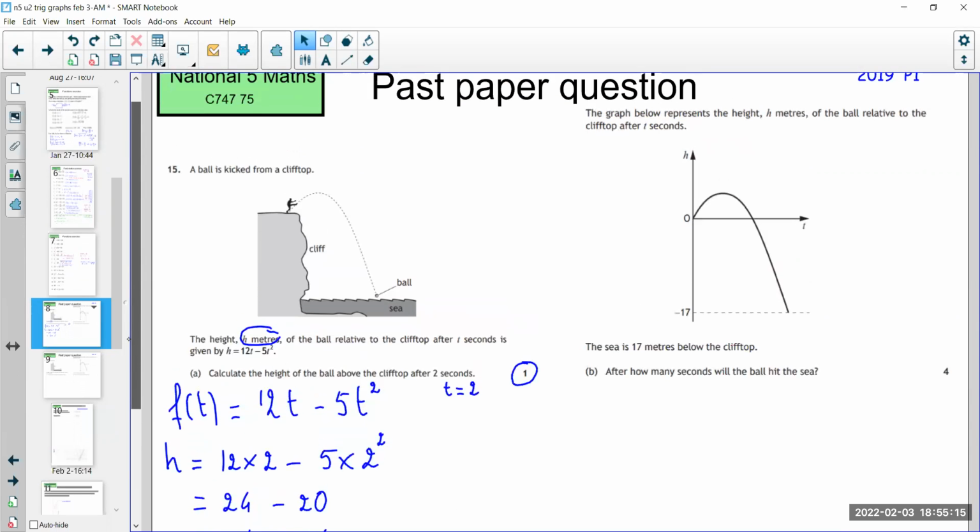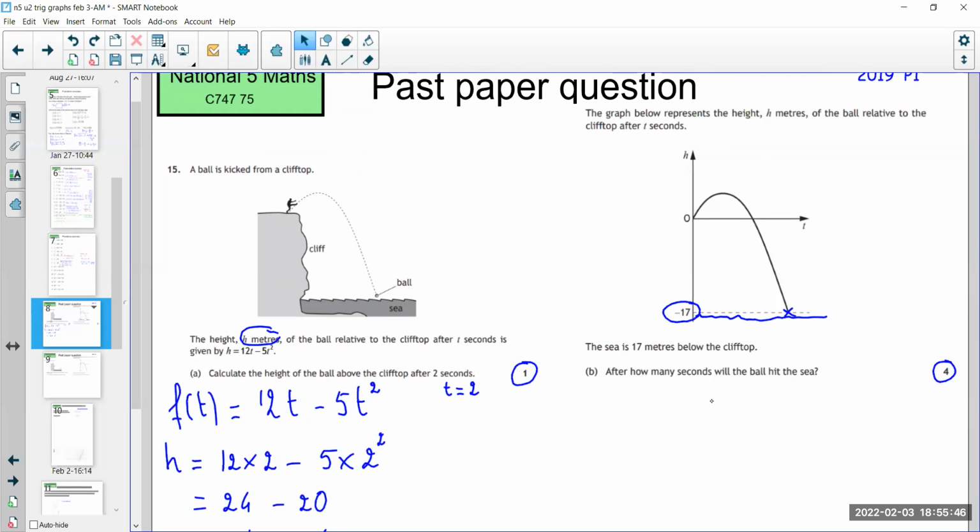Now, the second question is a bit more complicated because as you can see straight away, you could get 4 marks out of that second question. So let's read the question. After how many seconds will the ball hit the sea? Remember the sea is at this level. H equal -17 when the ball hits the sea.